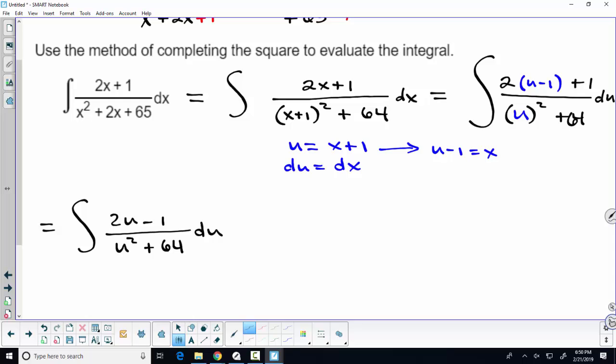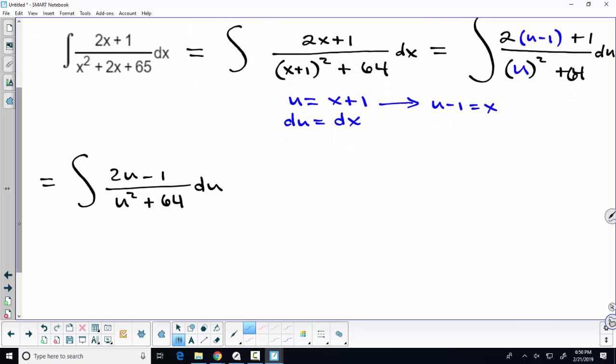Than our original integral, right? But we do have just a single variable here, u squared, as opposed to a quantity x plus 1 squared. So I don't know if that looks better or not. But here we are. So we don't need another u substitution if we split this up.